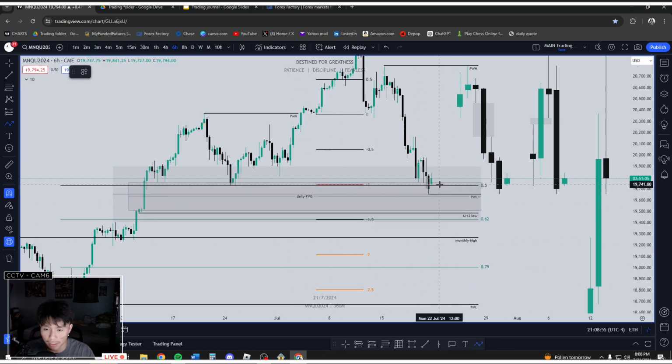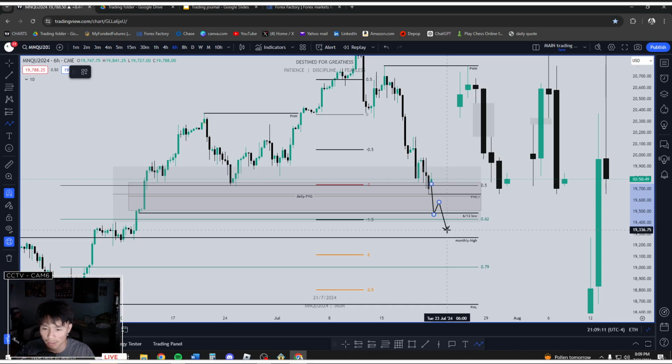So what I mean by intraday trading is, let's say we get a closure below this daily fair value gap, right? If we get a closure below this daily fair value gap, I would then treat it as an inversion level, and if we trade back into it, we should be seeing lower prices.